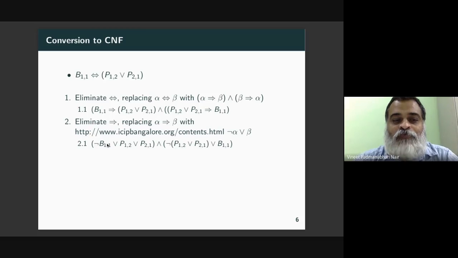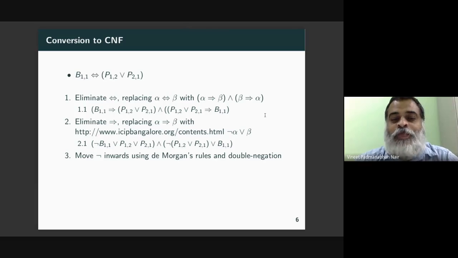The first part, not B11 or whatever was within brackets, I have pulled out. And the same with the other part. The negation is outside because P12 or P21 is together and the implication becomes OR. So like that, you keep going. You move the negation inwards using all those rules which you already know, and double negation.